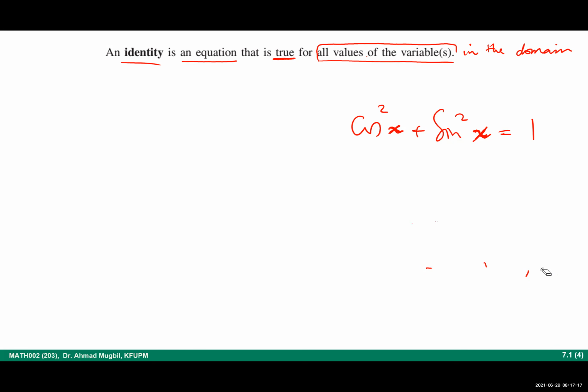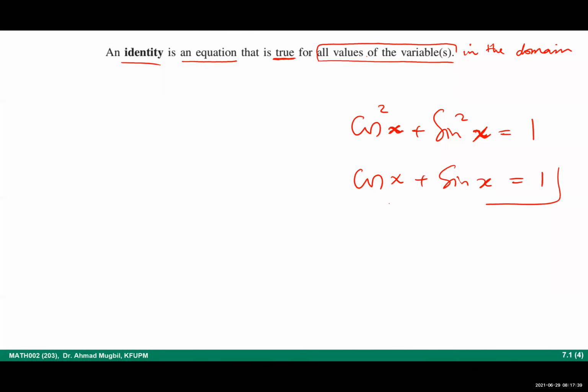Let me ask you the last question, shabab, because this is a common mistake. I noticed that some students use this. Is this identity or equation? Cosine x plus sine x equals 1. It's an equation, not identity. Is this always true?